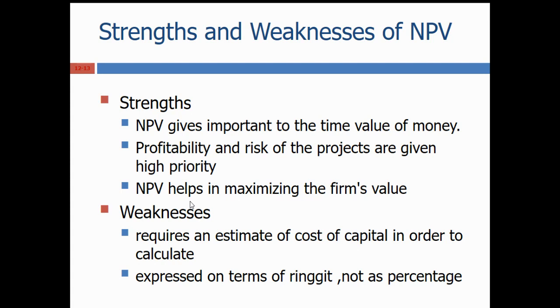Let's see the weaknesses. It requires an estimate of cost of capital in order to calculate. So the first thing is you need to make an estimation: what is the suitable cost of capital for the company? How do you determine the cost of capital? Cost of capital is another chapter we're going to learn, where you need to find the financing cost for debt and the financing cost for equity, then add them up together based on the proportion.